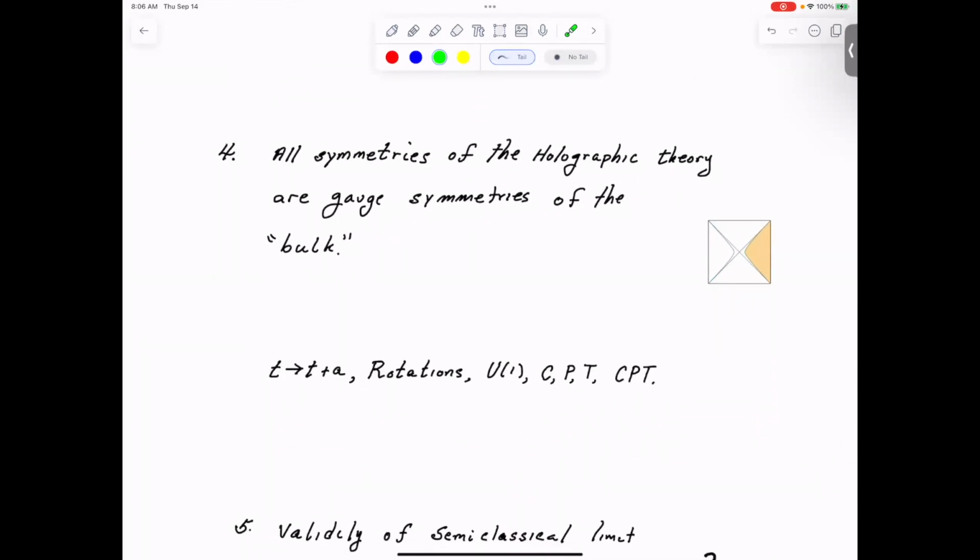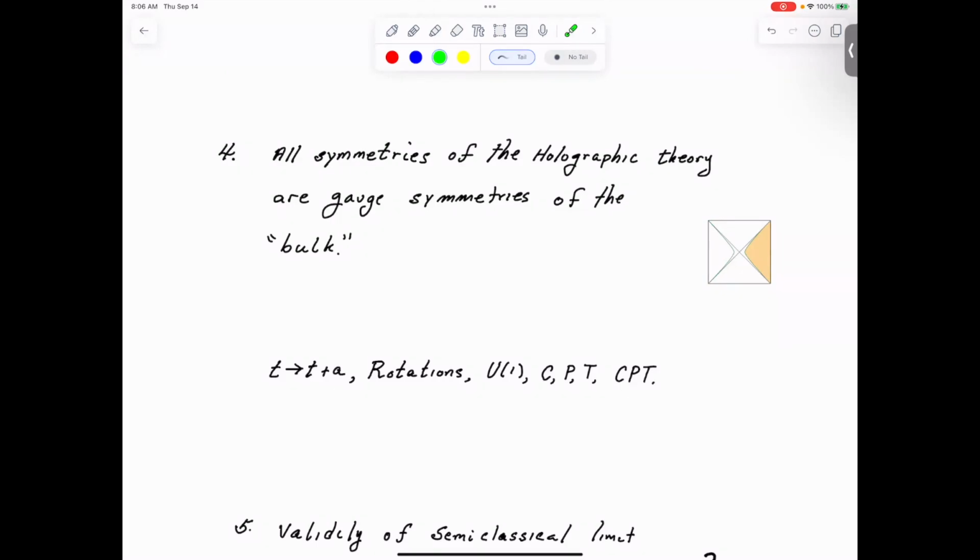The symmetries, let's remind ourselves what the symmetries are. The symmetries of the holographic theory, which become gauge symmetries of the bulk. There are several of them. First of all, time translation invariance. Rotations which keep the center of the static patch, I call the center of the static patch the pode, as opposed to the antipode.